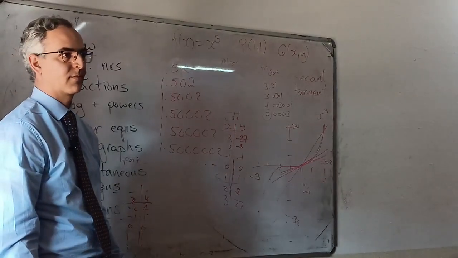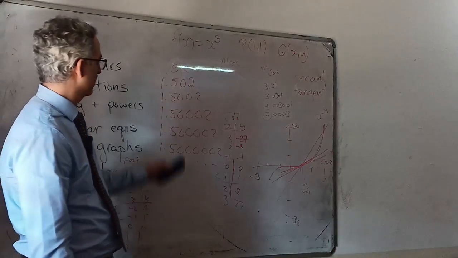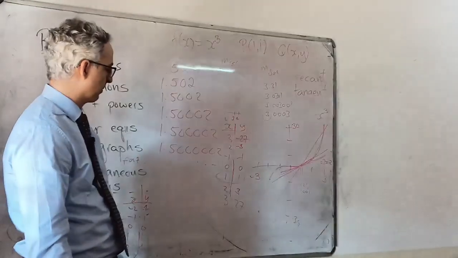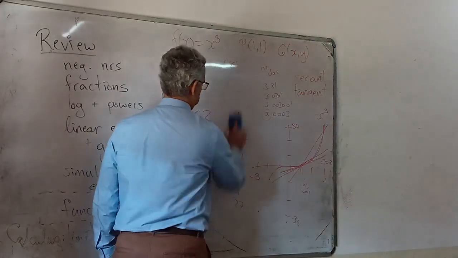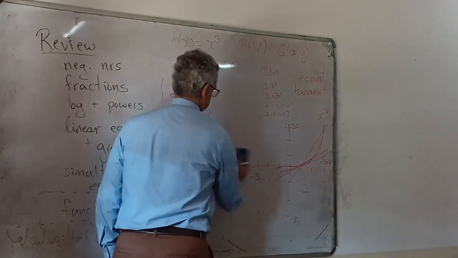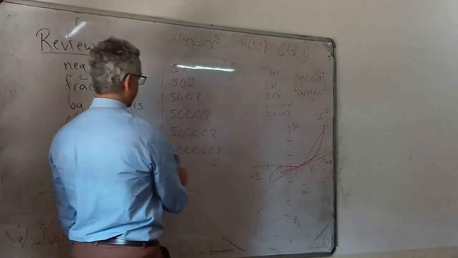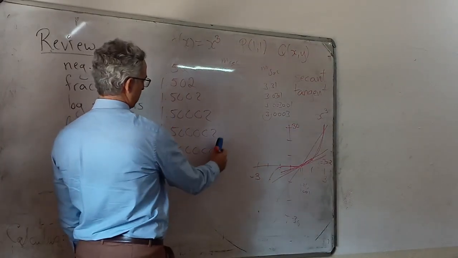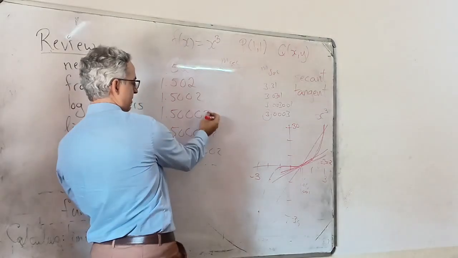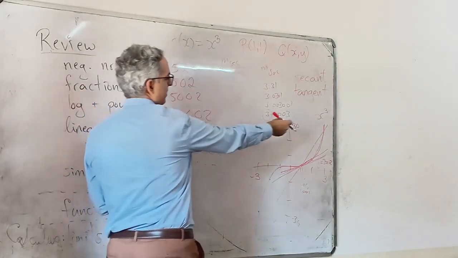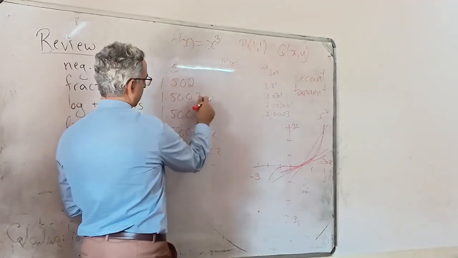Approaching 1? No, 1.5. This is not changing, but I'm getting smaller. It's 1.5 plus something that is getting smaller and smaller. Here, this is 2 hundredths.